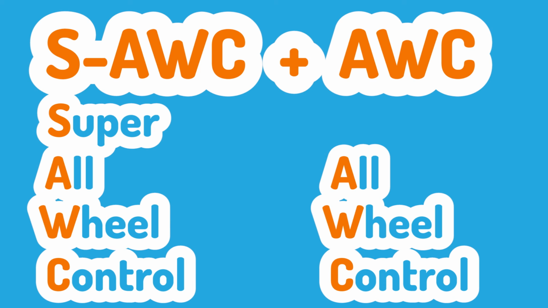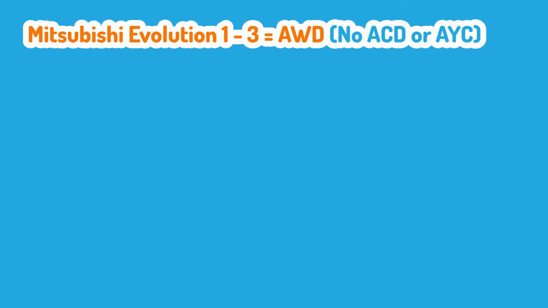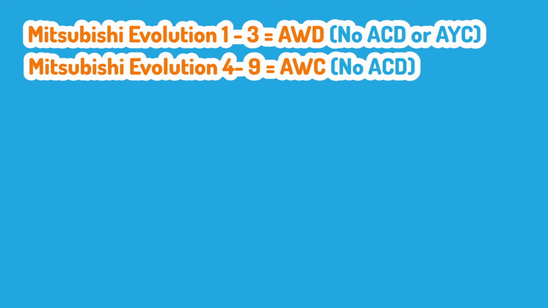So I'm from the UK, and if I was ever to see a Mitsubishi EVO, whether an import or not, a Mitsubishi EVO 1 to 3 would come with all-wheel drive, and it would have no active center differential, no active yaw control. EVO models 4 to 9 come with active yaw control, which is what we would call AWC, where they have a fixed center differential with AYC.